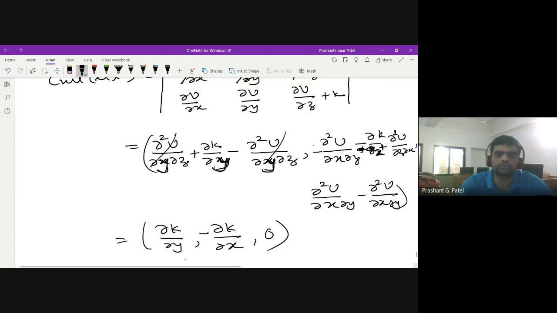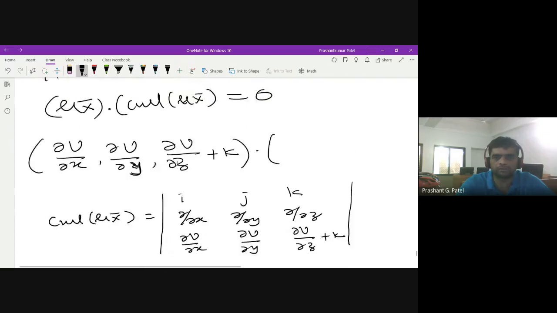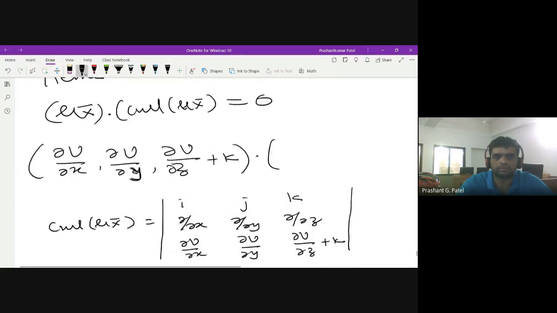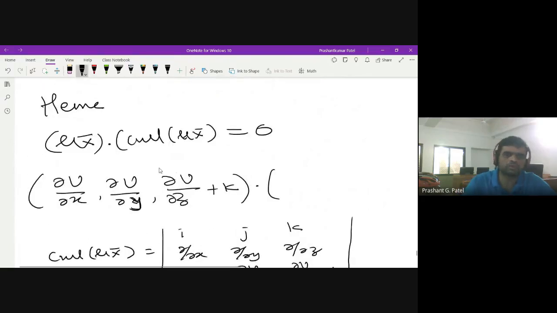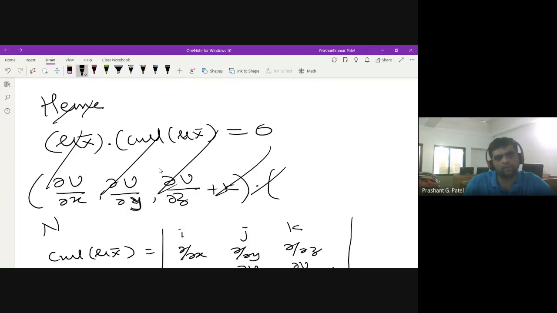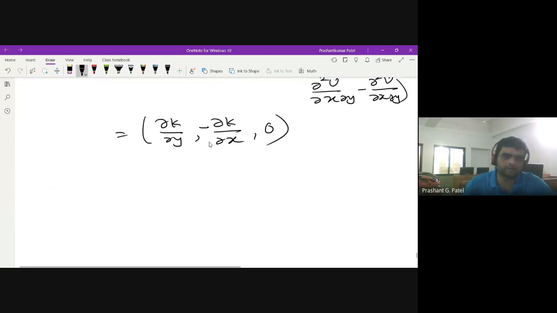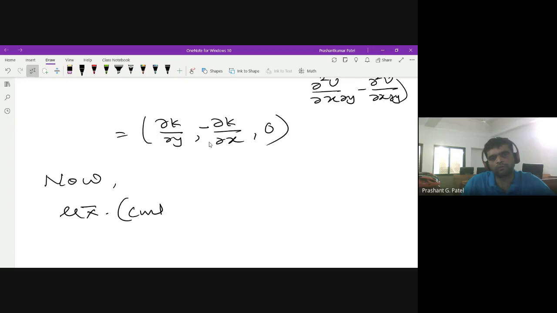So we substitute this value here. I'll start again. Now we have mu into x bar into curl of mu into x bar is 0.